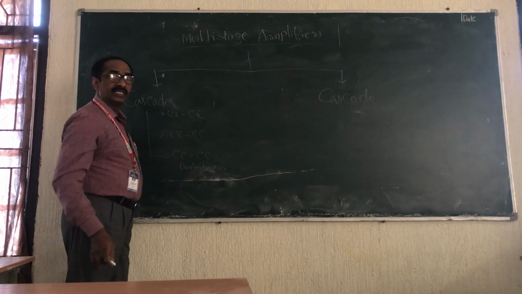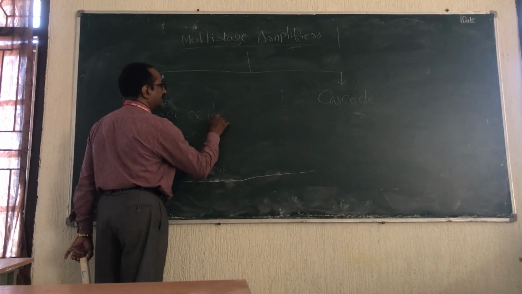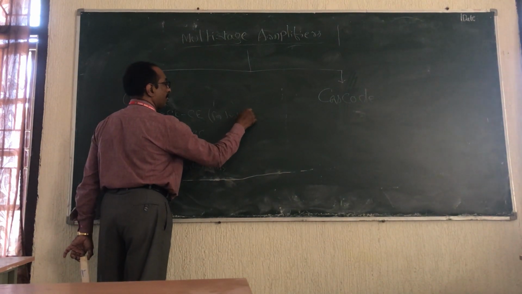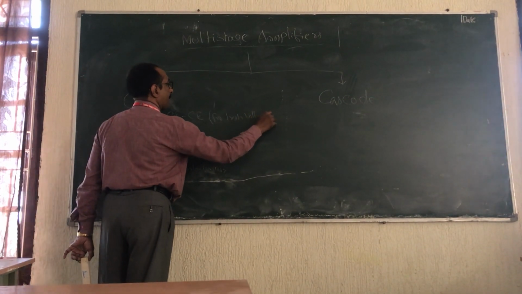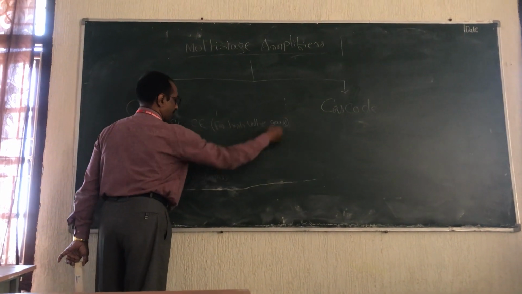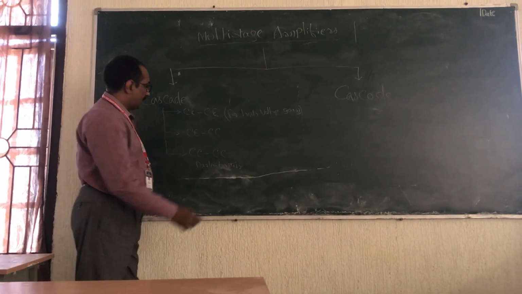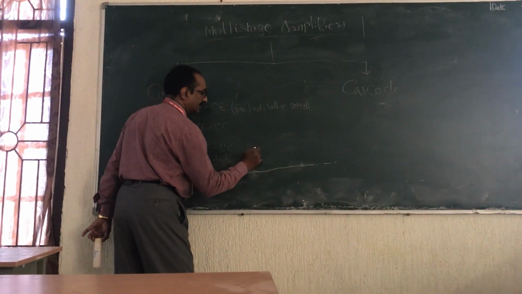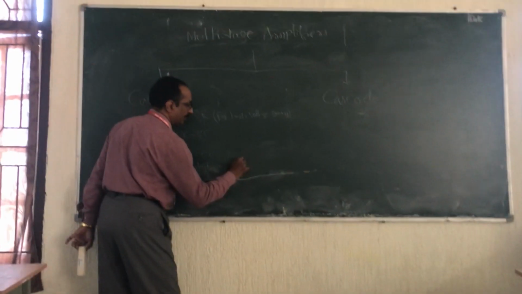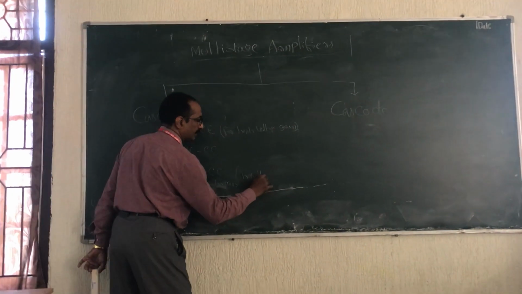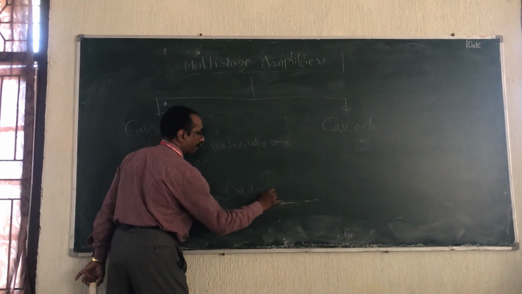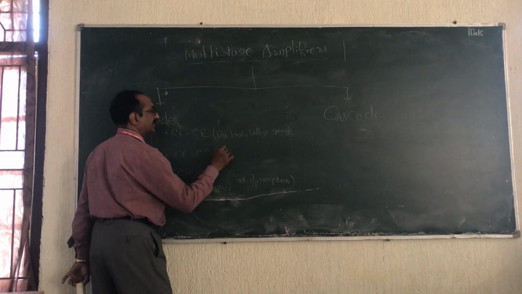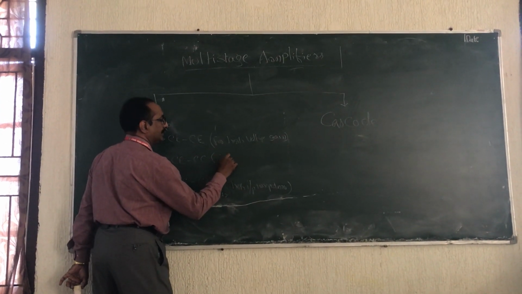And CEC is for high voltage gain, and CCCC is for high input impedance, and CECC is for impedance matching.